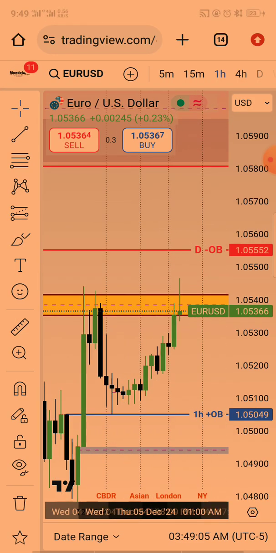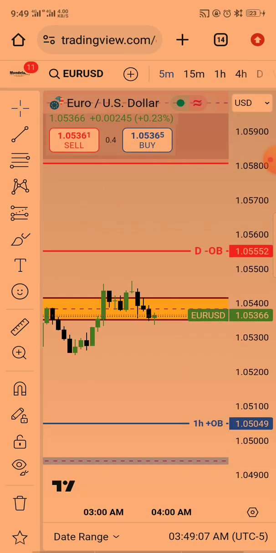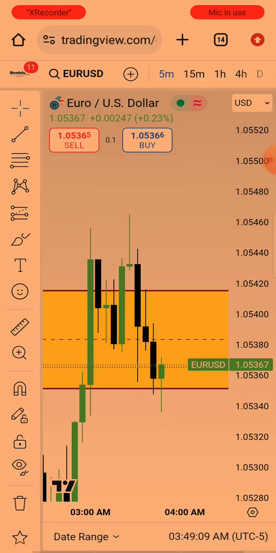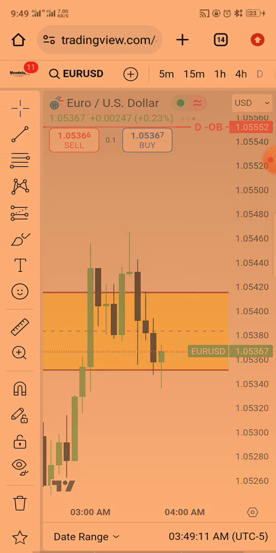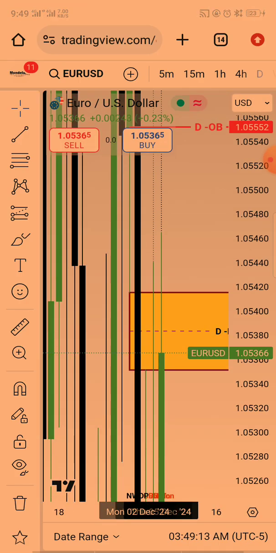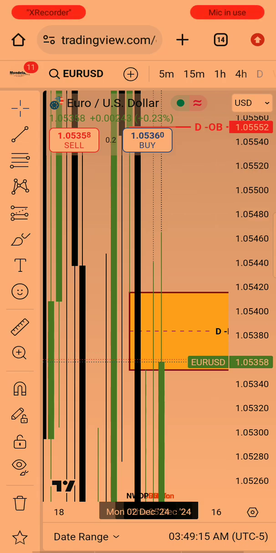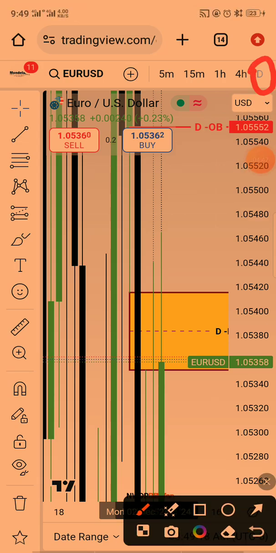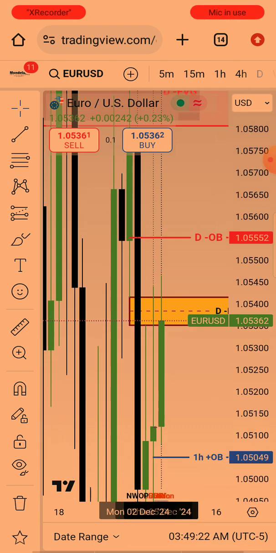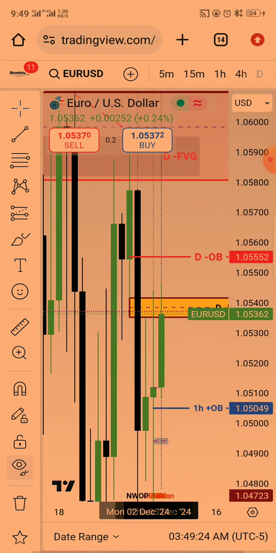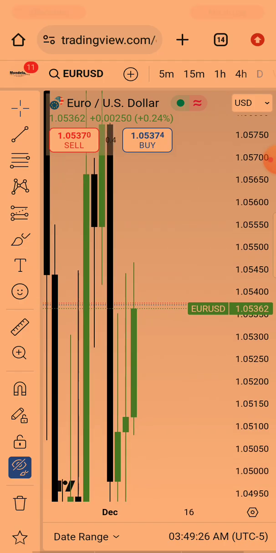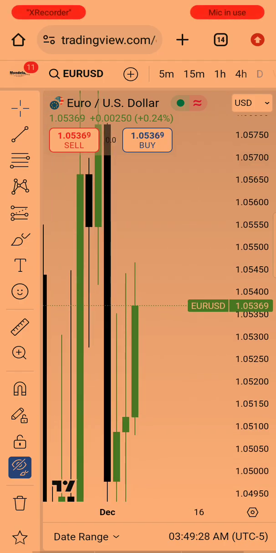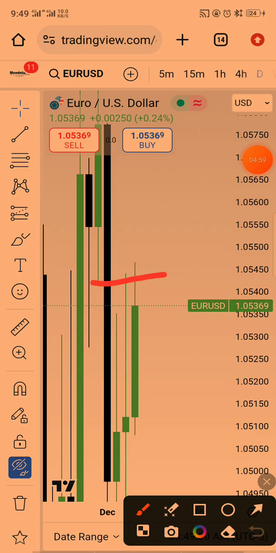Now I am looking to that fair value gap that I showed you people yesterday on a daily on EU. Let me show you. This is a daily chart. You can see here, this is the daily chart, right? So let's view it again. This is the fair value gap that I'm working with. I'm still working with it today here.